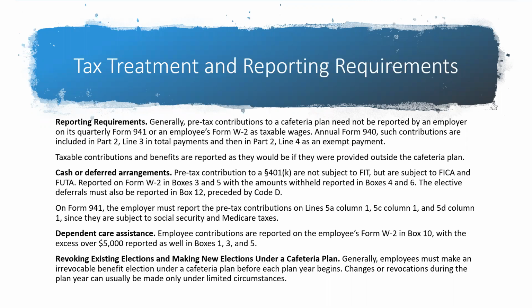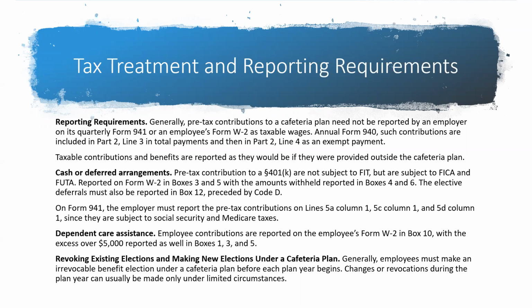So, can your employee revoke their existing election? Generally, employees must make an irrevocable benefit election under a cafeteria plan before each plan year begins. Changes or revocations during the plan year can usually be made only under limited circumstances.